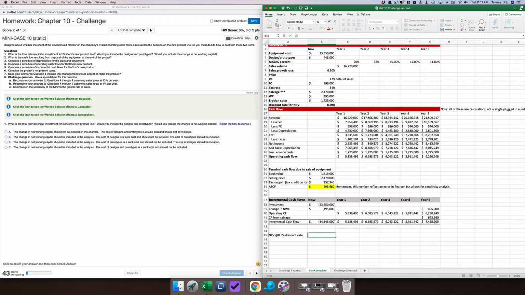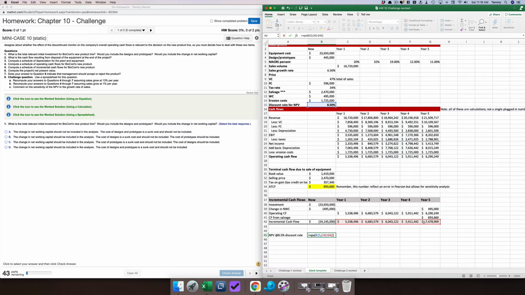So to calculate the net present value using Excel, remember that the NPV function in Excel isn't technically correct as a net present value. What you have to do is take the present value of all the future cash flows and then subtract your initial cash flows. So let's go ahead and do that. You say NPV, and you are prompted to give the discount rate, and then the values of the future cash flows.